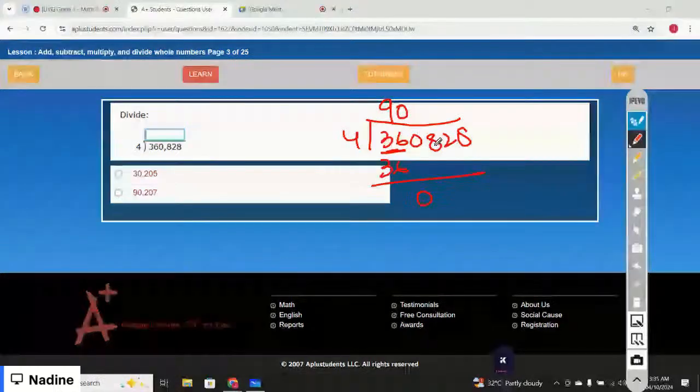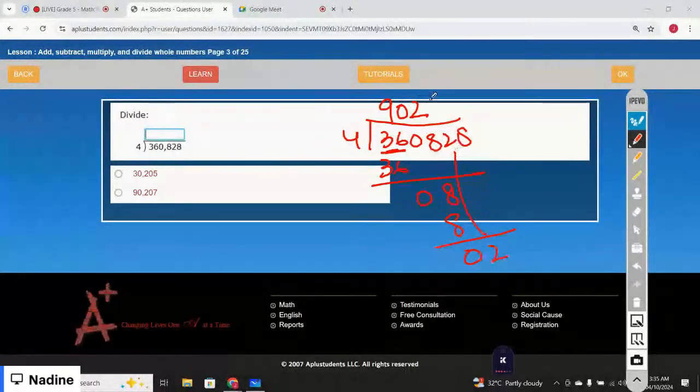Bring the next digit down. 4 times 2 is 8. 0, bring the next digit down. 2, you cannot divide, so add a 0 over here and bring the 8 down. Now you can go for 4 times 7 is 28. So the correct option is option number 2.